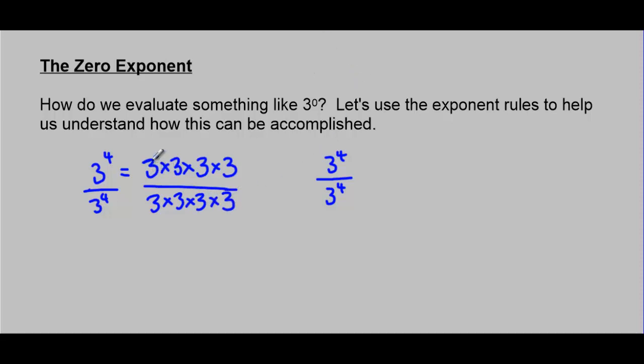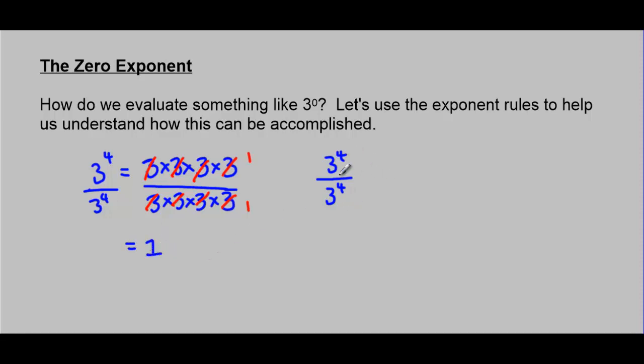And hopefully, logically, we can see that each of these 3's would end up reducing or canceling with each other. And when everything reduces in a numerator and everything reduces in a denominator, we're just left with 1. We're not left with nothing, we're left with 1. So to simplify, this would just be 1 over 1, or this just equals 1.